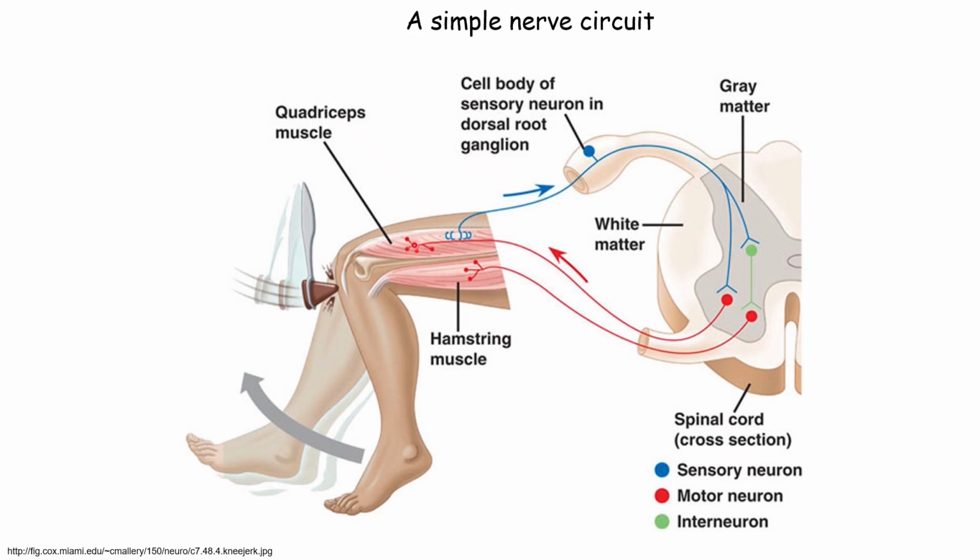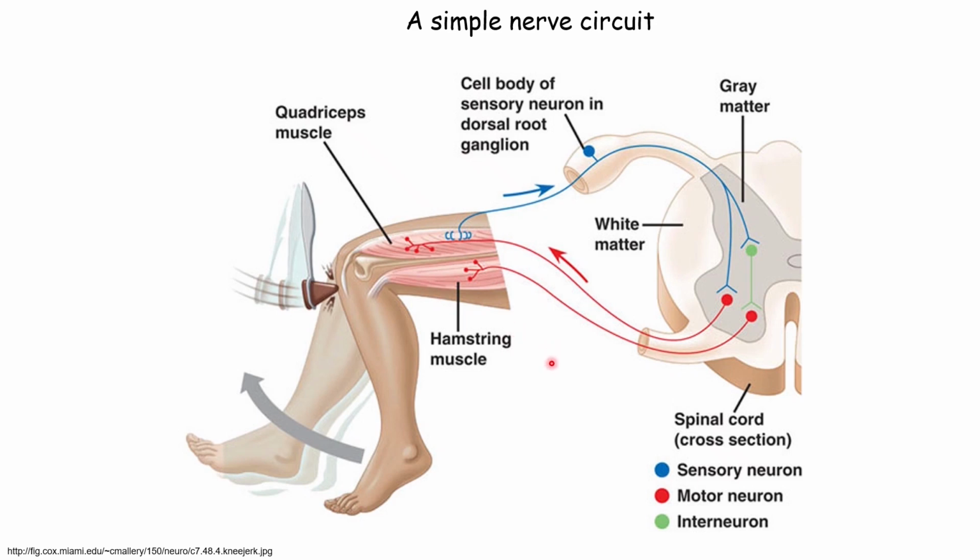And as a result, the thigh will contract on the upside and extend on the lower side, which will make the leg move in front and upside direction like this. So this small circuit with this sensory neuron, these motor neurons and one inhibitory neuron causes this sudden reflex. This is probably as simple as a circuit can get, all the way from the sensory side to the motor side.